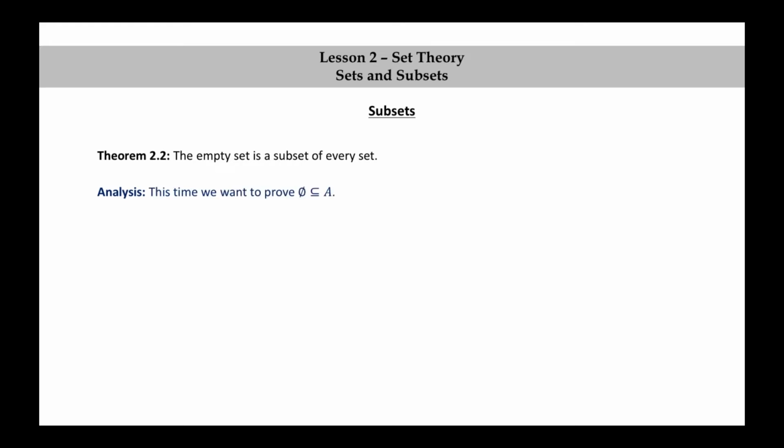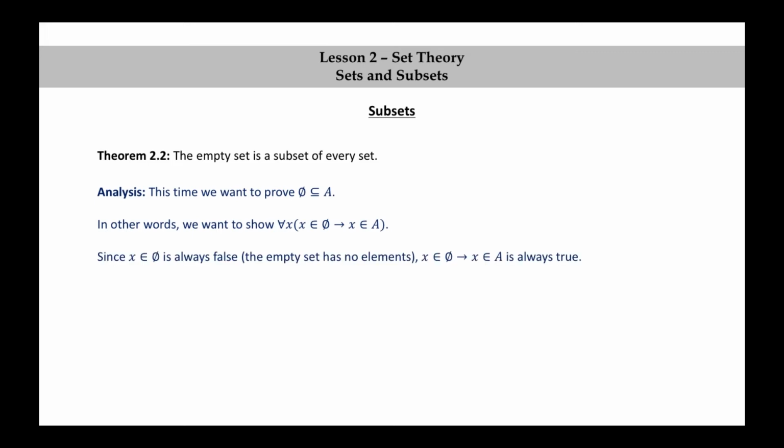This time, we want to prove that the empty set is a subset of A. In other words, we want to show for all x, x in the empty set implies x is in A. Since the statement x in the empty set is always false, because the empty set has no elements, the statement x in the empty set implies x in A is always true. In general, if P is a false statement, then we say that P implies Q is vacuously true.